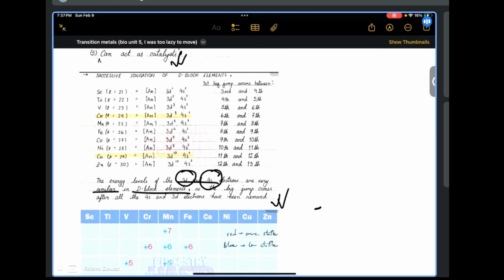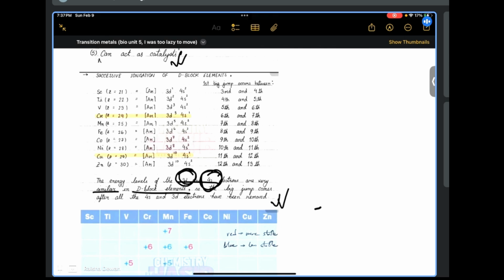The higher energy level electrons are lost before the lower energy levels, right? So the 3d electrons are in a lower energy level than the 4s electrons, but the energy level difference is way smaller. It's very small. So a big jump is always coming after both the 3d and 4s electrons are lost. The bigger energy level difference comes after losing the 3d and 4s electrons.